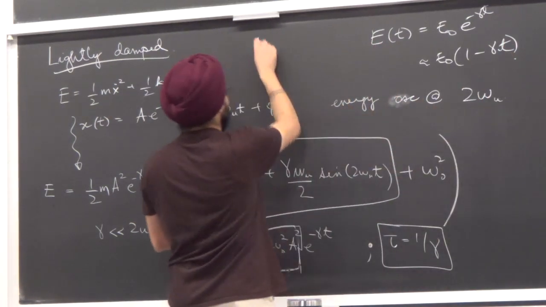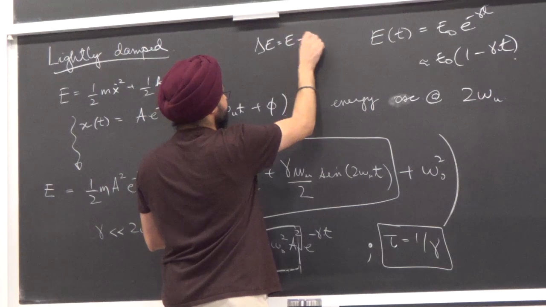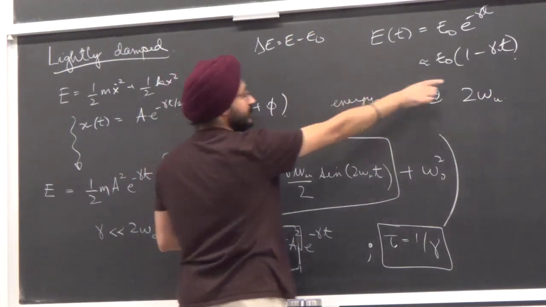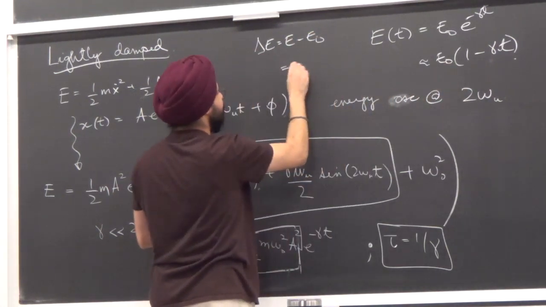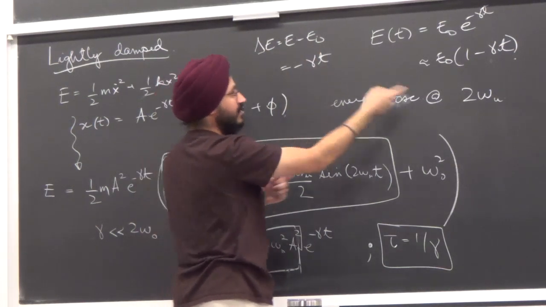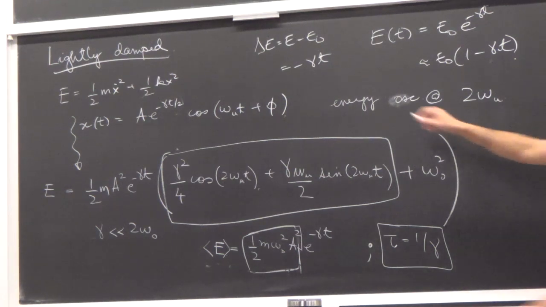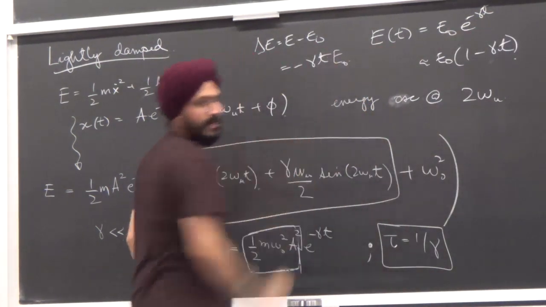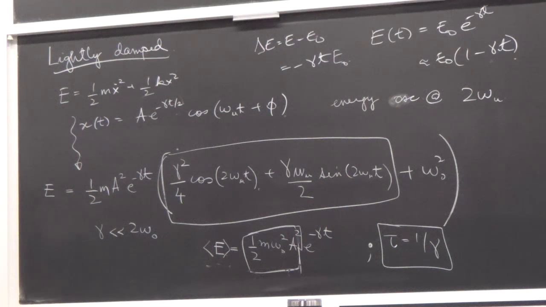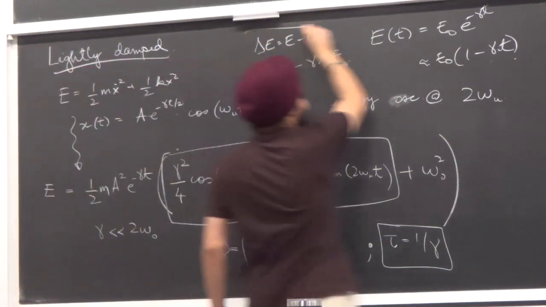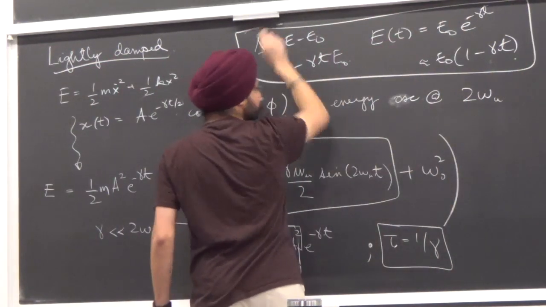What's delta E? It's E minus E naught, which is just minus gamma t times E naught. So delta E over E naught is minus gamma t. Yeah, okay, so just Taylor expansion again.